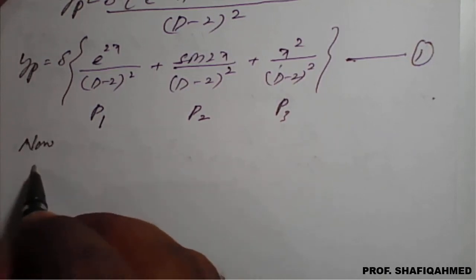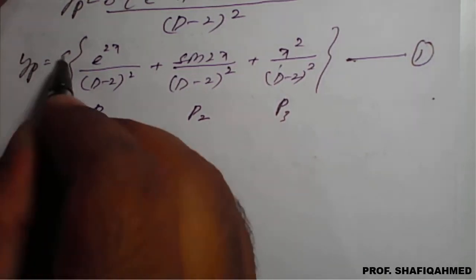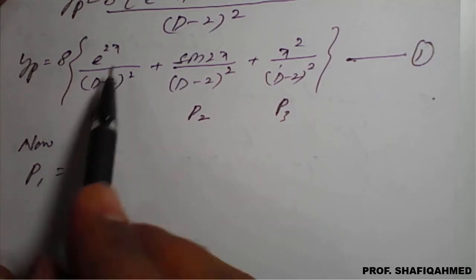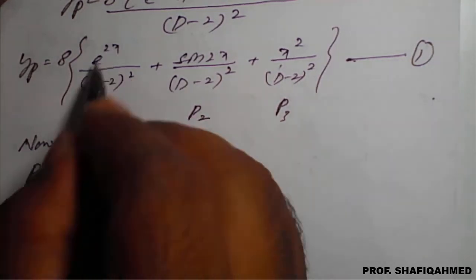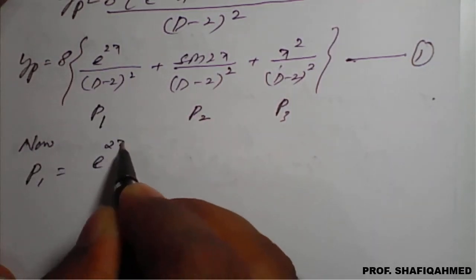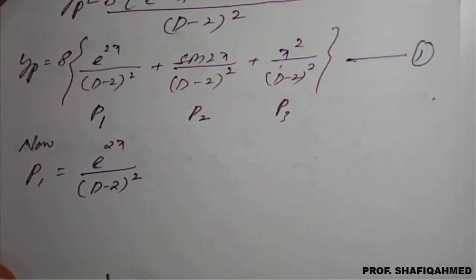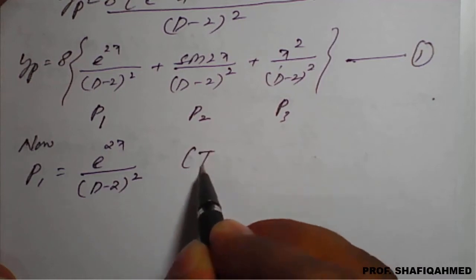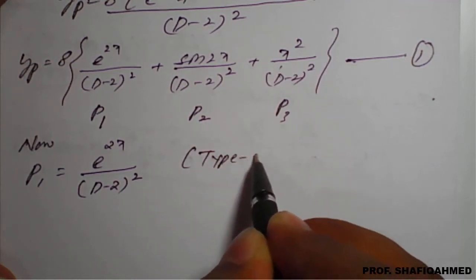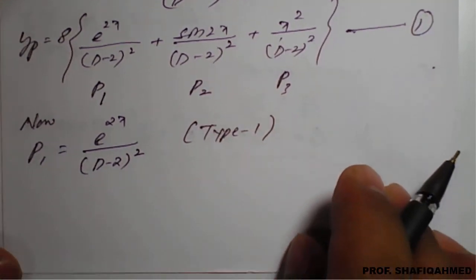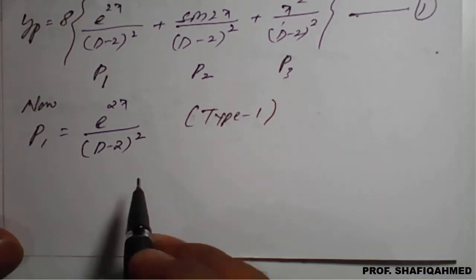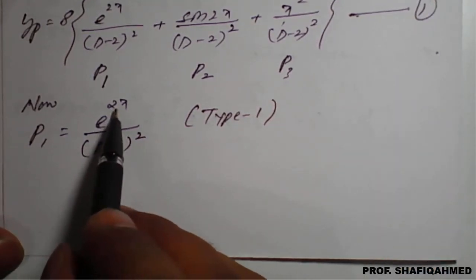Now we'll start with P1, where 8 is not included, so we go directly. The first P1 is e raised to 2x divided by (D minus 2) whole square. Just for information, this belongs to type 1. Type 1 says replace D with the coefficient of x, that is a.